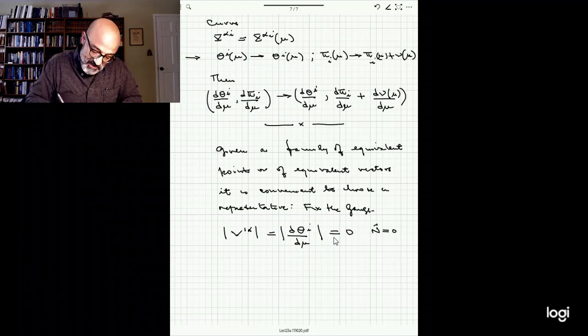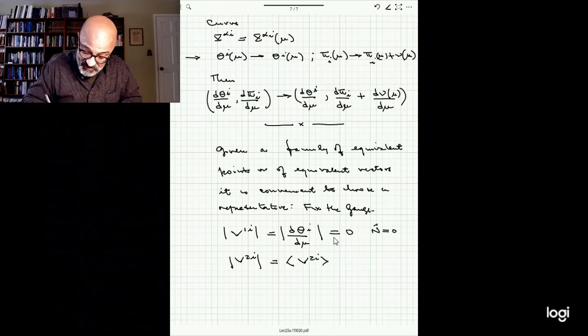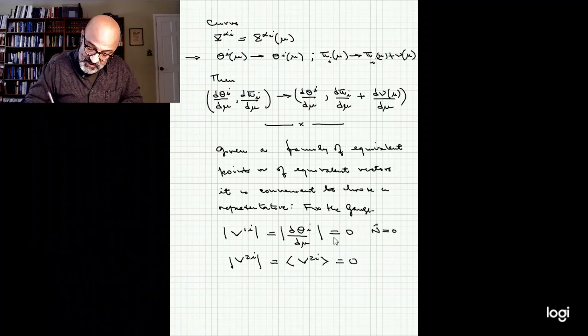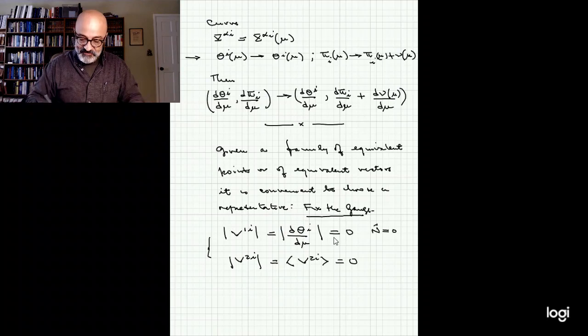And it is convenient to say that for the other, I'm sorry, this is I, this is I. We sum over all the i's, and here the condition that is useful is to say that you take the expected value of these guys here. It's not clear at this point why this is convenient. You're going to see later that this is indeed so. And so we fix the gauge by imposing these conditions.